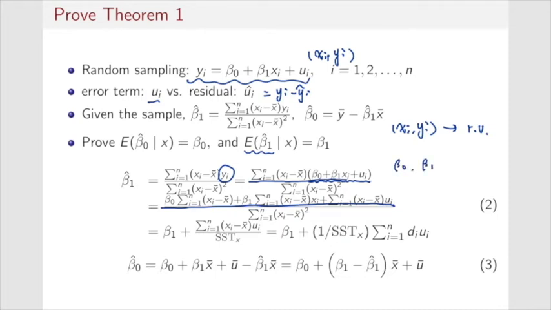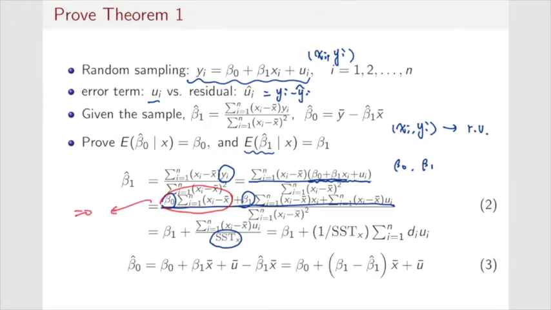Notice that beta 0 and beta 1 are the true parameters. They are fixed, so they can be taken outside of the summation. The denominator is denoted as the total sum of squares of x, which is SSTx here.